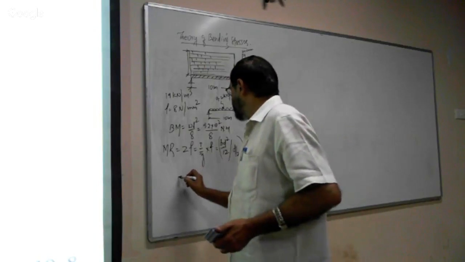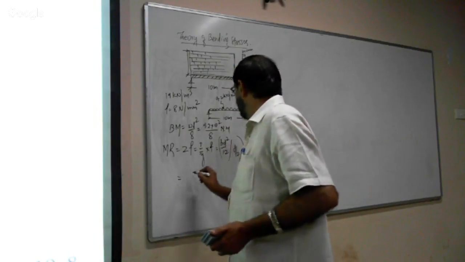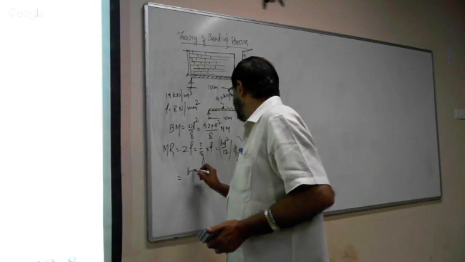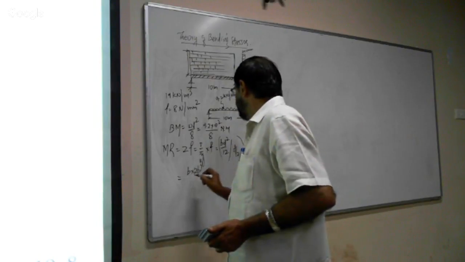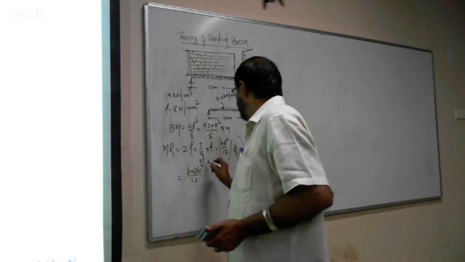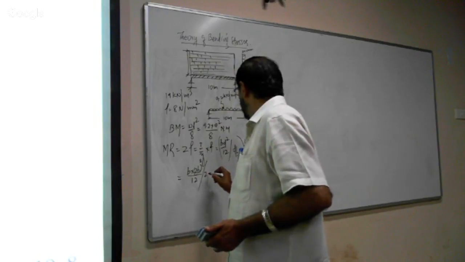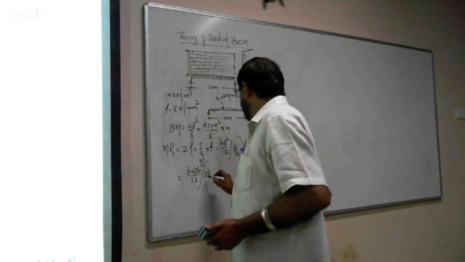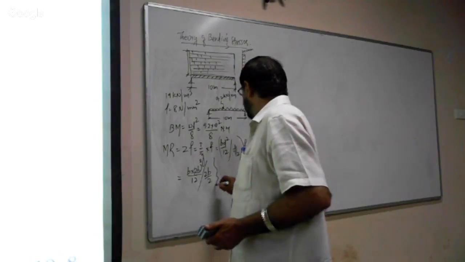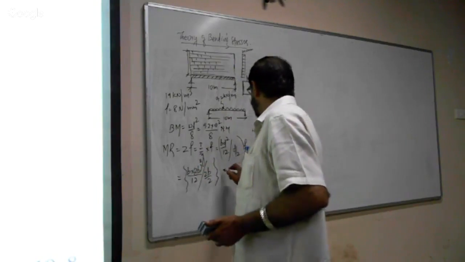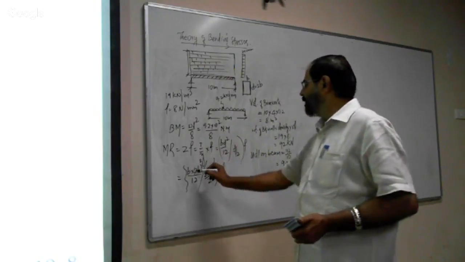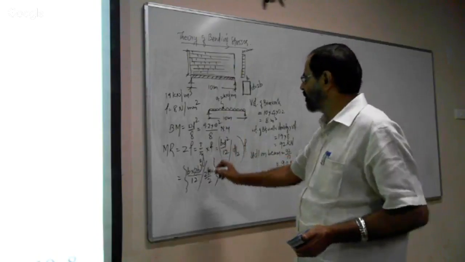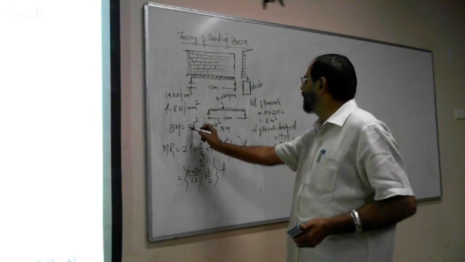Now let us substitute this here. It is B, and D is equal to 2B, so 2B cubed divided by 12, and the whole thing divided by Y, which is 2B divided by 2, multiplied by the stress. Now simplify this and equate it to the bending moment.